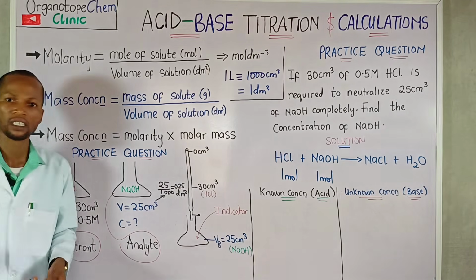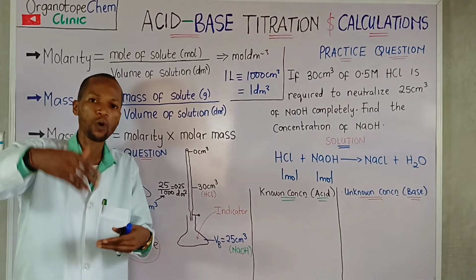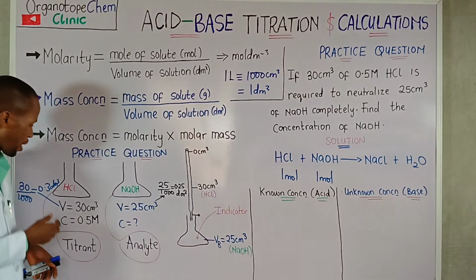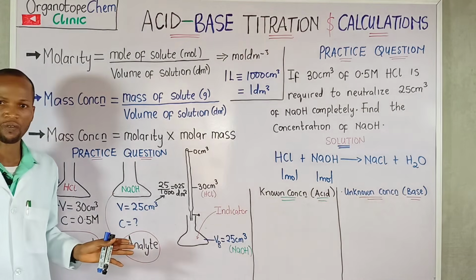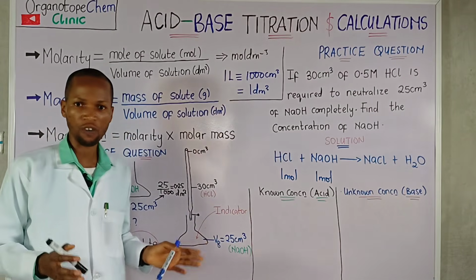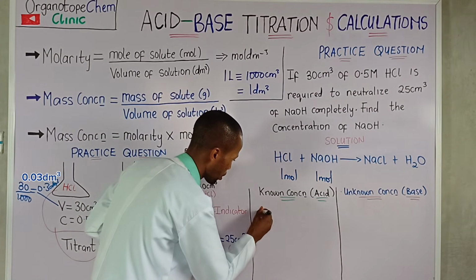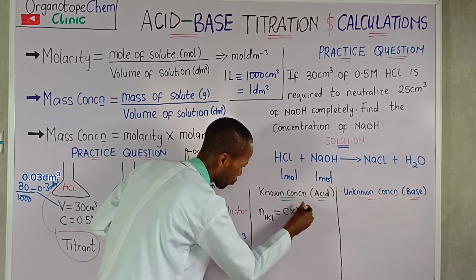Then the concentration of the acid is known, and we know the volume of the acid. Therefore, we can find the number of moles of the acid, that is the actual number of moles of the acid contained in the 30 cm cube of acid solution used up. We have number of moles of HCl equals concentration times volume.